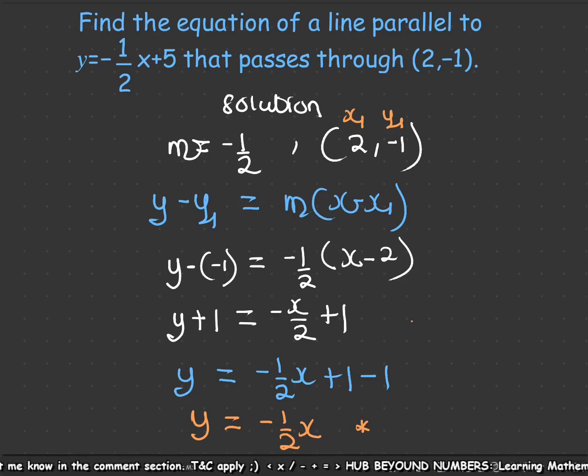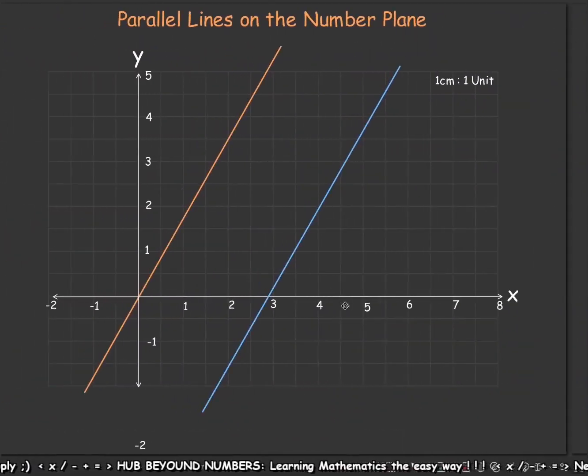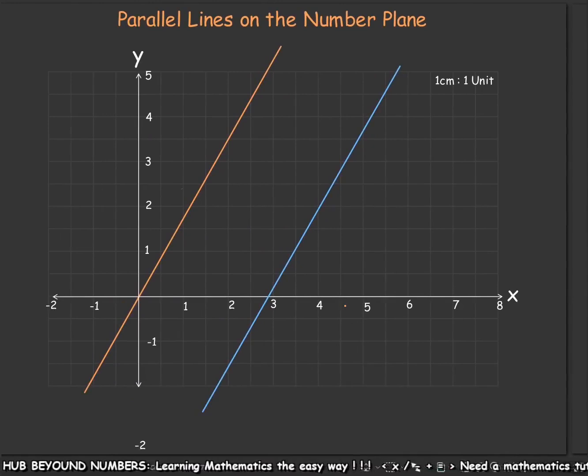That will be it for this lesson, and I do hope you have understood all that we've done so far. All we are saying is, if you have two lines that are parallel, it simply means their gradients are the same. If we want to determine an equation of a line, we need the point on the line and the gradient.